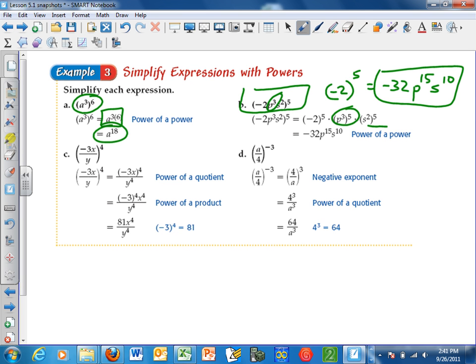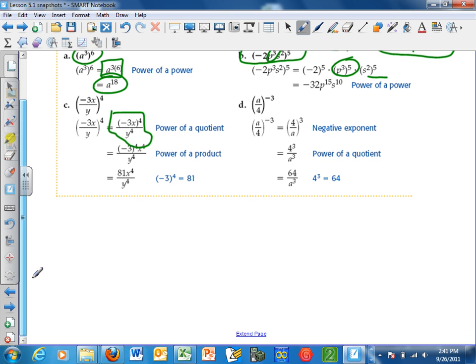Down here, you got a fraction or a quotient. Outside power is positive to start with, which means I take the negative 3x to the 4th power. So notice they put negative 3 inside parentheses there. Okay, so I need to do negative 3 to the 4th power, and then also the x to the 4th power, and then y to the 4th on the bottom.